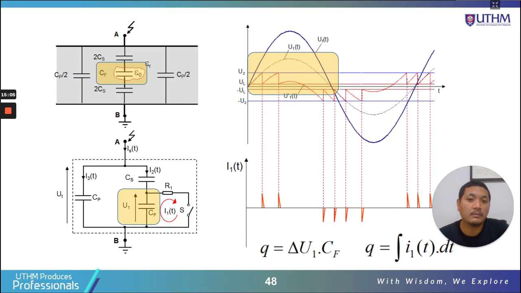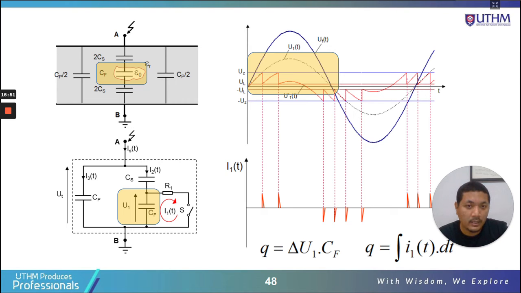The discharge happens very quickly. Then the voltage across the insulation is still increasing, so after discharge it begins to increase again until it reaches uz, the point where discharge happens again inside the void.